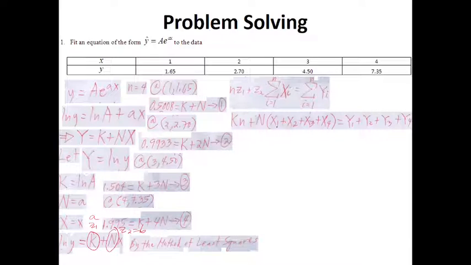That's why ito yung magiging expression para dito. And then on the right hand side of the equation, we have y sub 1 plus y sub 2 plus y sub 3 plus y sub 4. So in here, n is 4. So we simplify, since n is 4, 4k plus n.